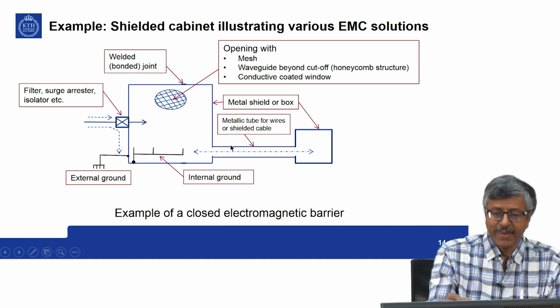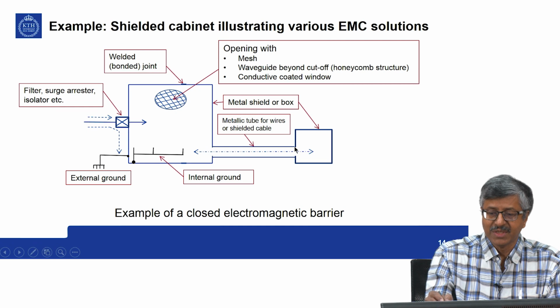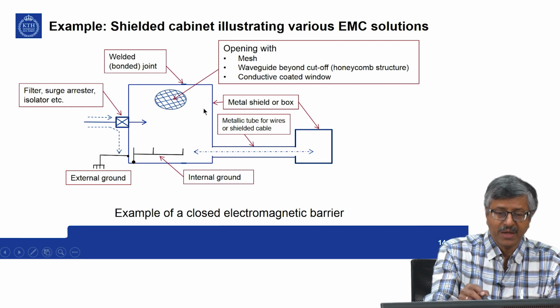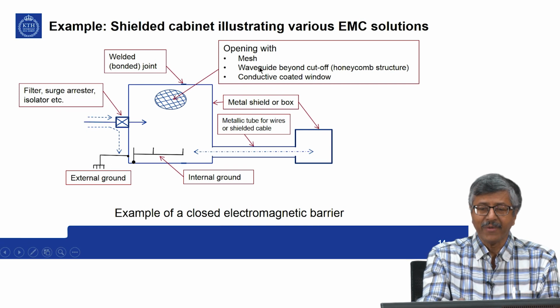So, you have metallic tubes for wires or shielded cables connecting these two. So, all these are in the single zone. These are the metal shield or box. Now, for ventilation holes you treat with mesh or waveguide beyond cutoff, honeycomb structure.